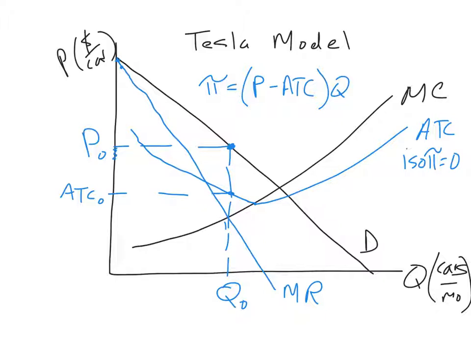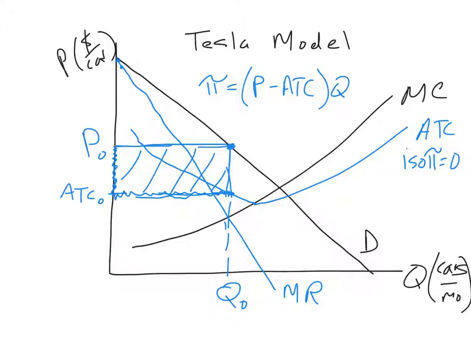So the vertical distance of this rectangle I just have drawn, that's average profits. The quantity that we produce is the horizontal dimension of this rectangle. It turns out profits can be represented by this rectangle. And so that analysis is perfectly equivalent to what we've been doing.